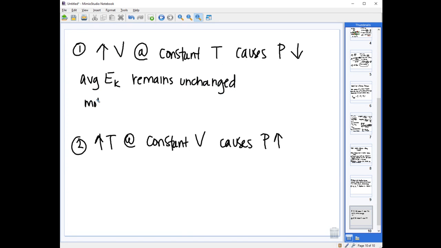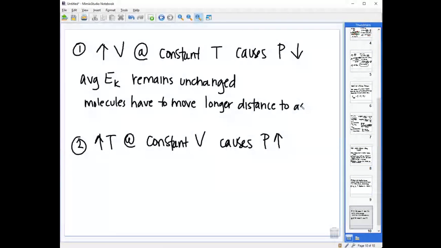the molecules have to move further to have collisions. So the molecules have to move a longer distance to achieve collisions. They're not as close to one another anymore when we increase the volume. Okay?